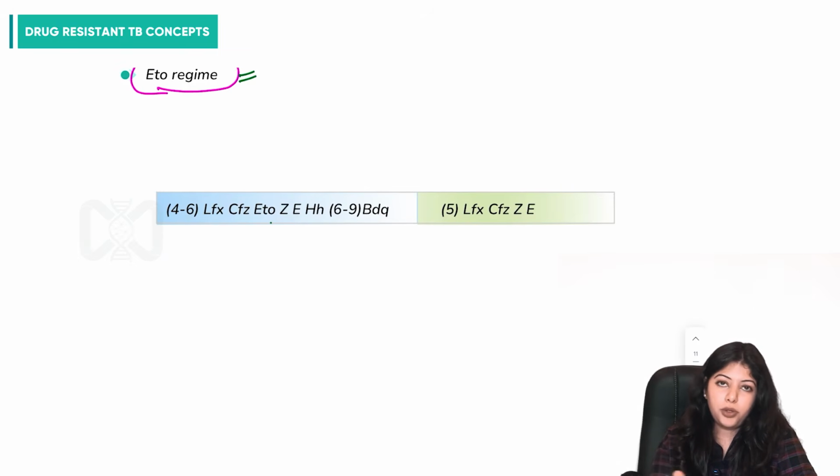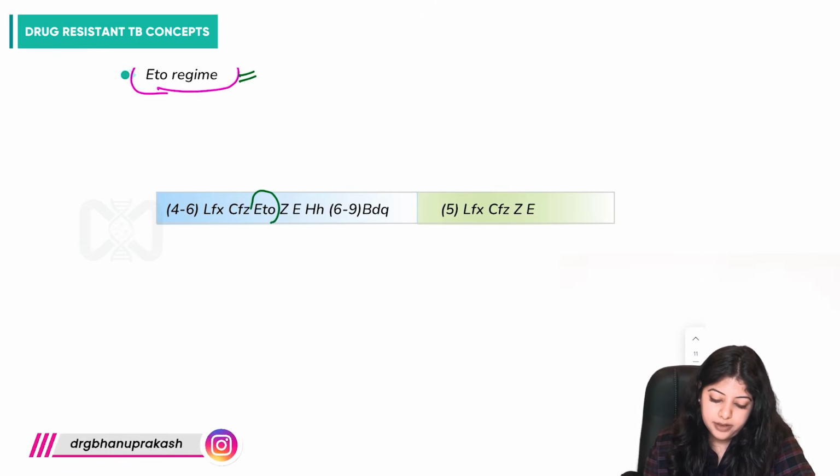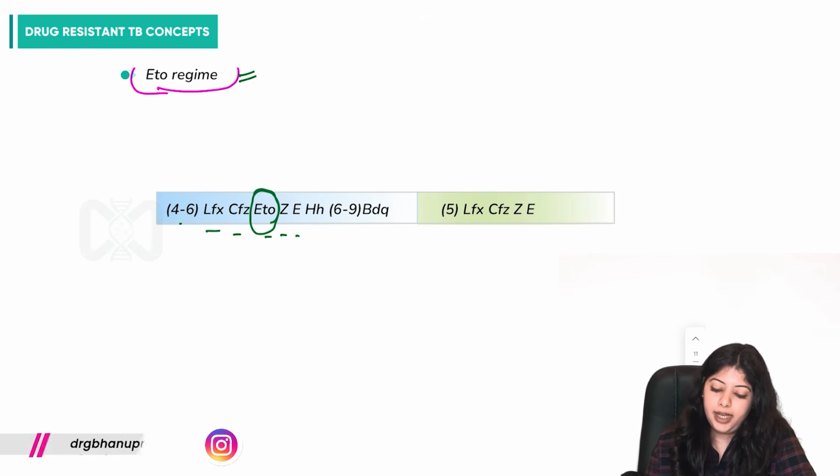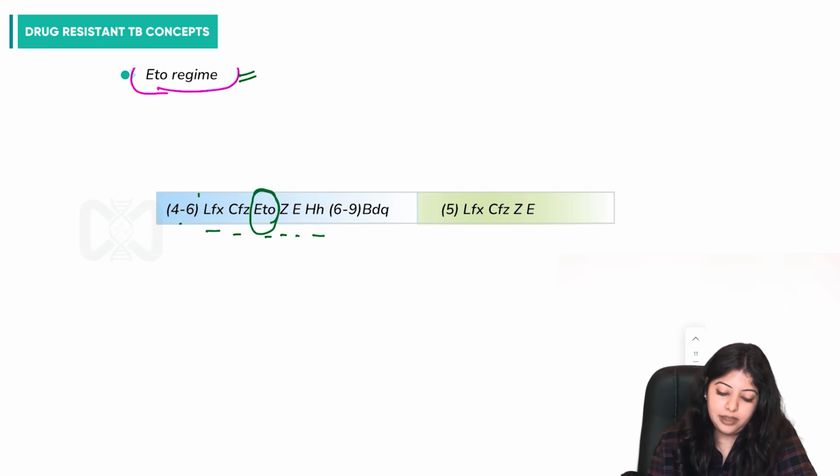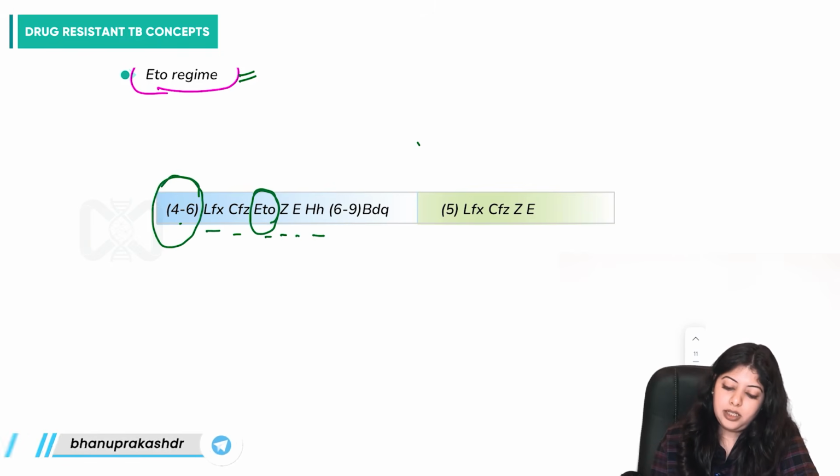Linezolid has not been included in this regime. Apart from linezolid, levofloxacin, clofazimine, pyrazinamide, ethambutol, ethionamide and high-dose isoniazid are given for 4 to 6 months. So this is the intensive phase and this is the continuation phase.